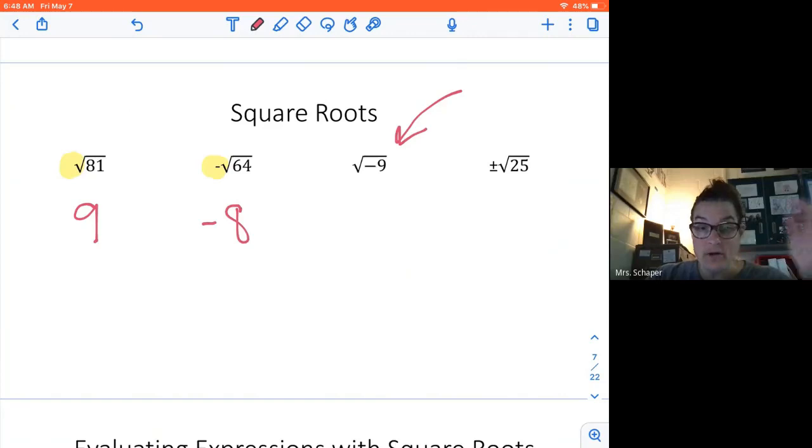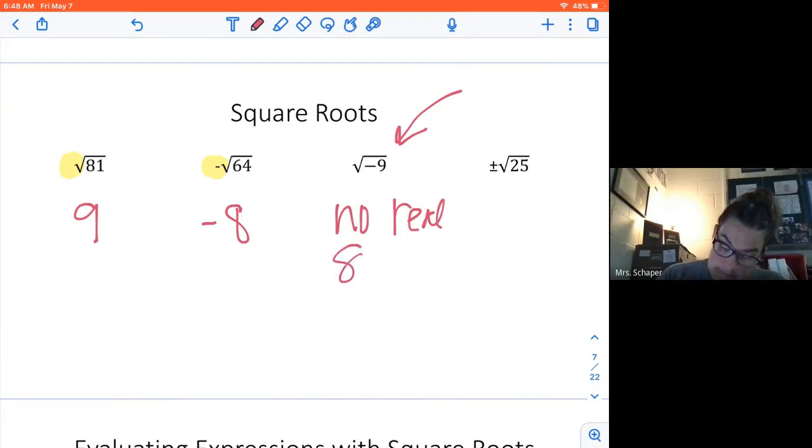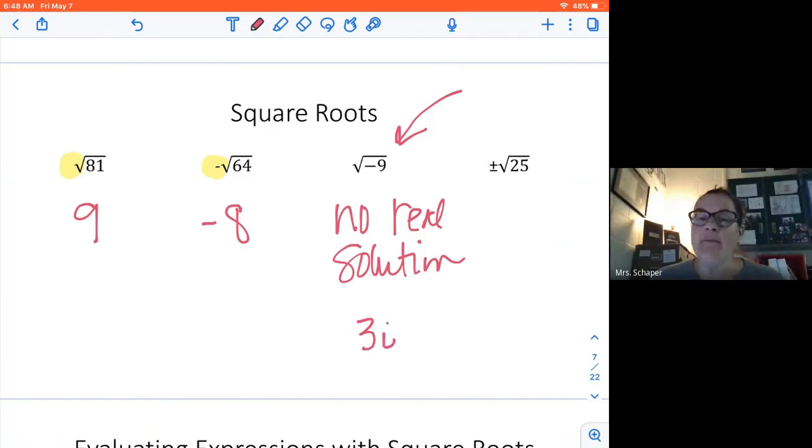So for our purposes, you're going to put no real solution. Now, for curious minds, the correct answer is actually 3i. But for our purposes, you can just put no real solution because we're only talking about real numbers. And with this last one, we have a plus negative. It's going to be positive negative 5.